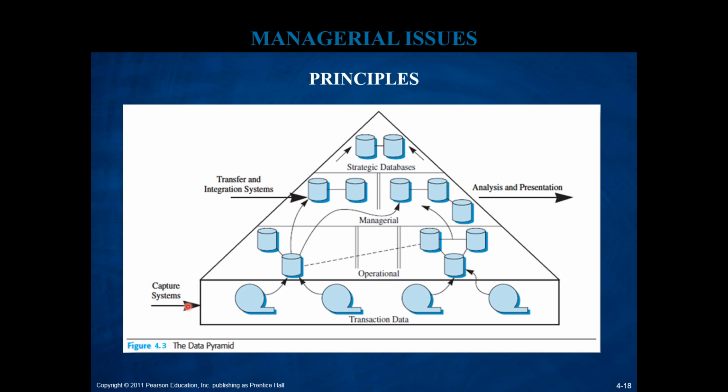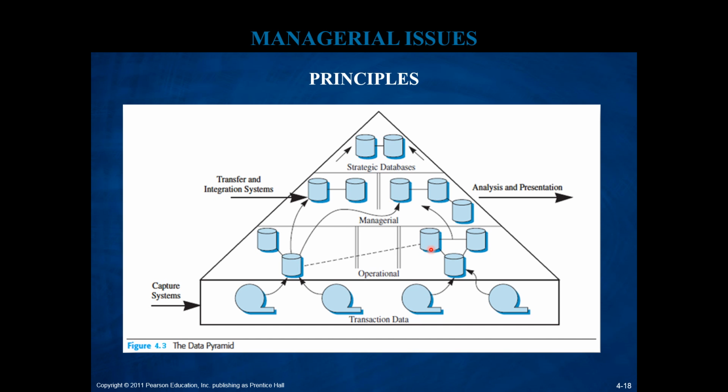Now, data is typically generated at the operational level. It's generated by transactions that businesses automate with the help of information technology. For example, transactions with customers, transactions with employees, transactions with suppliers, transactions with partners. So this data is generated by operations.